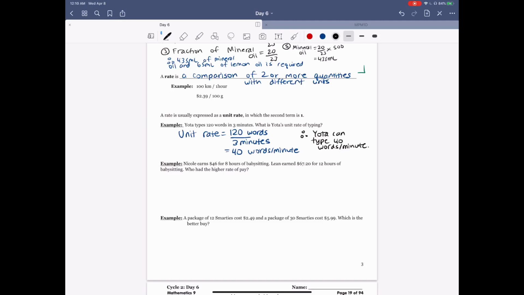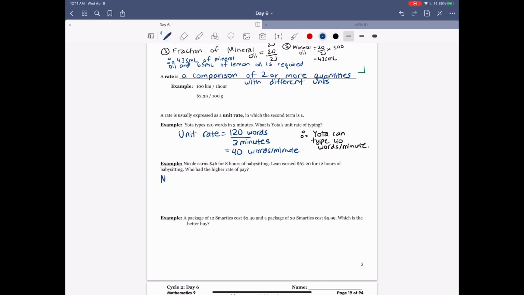Okay, so second example, Nicole earns $46 for 8 hours of babysitting. Lean earned $67.20 for 12 hours of babysitting. Who had the higher rate of pay? So as you can tell, the benefit of being able to find the unit rate is that you can start comparing things, right? You can start comparing what is the higher wage.